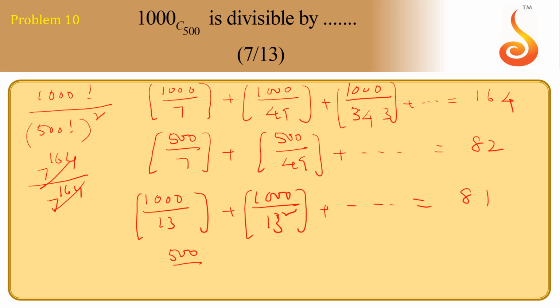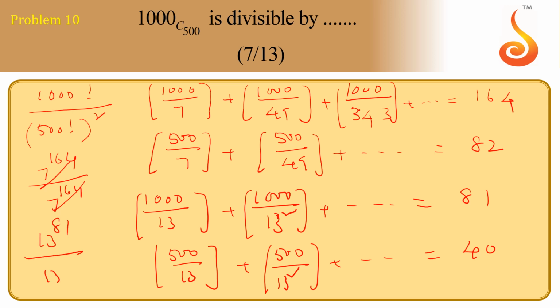Then 500 by 13 plus 500 by 13 square, if you do, you will get 40. So 13 power 81 in the numerator, 13 power 40 whole square, that is 80, means the exponent of 13 is 13 power 1 in 1000 C500. So I can say that it is divisible by 13.